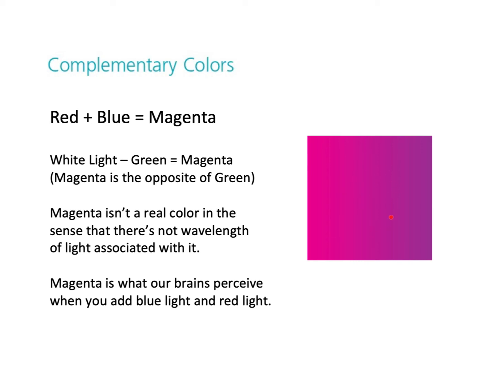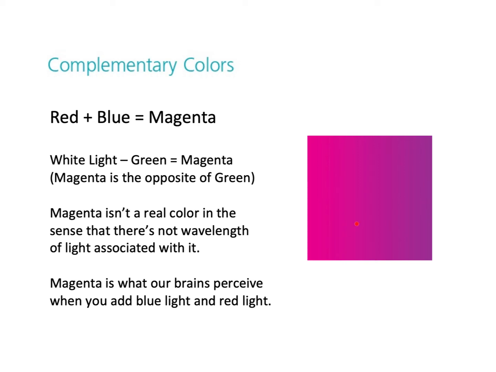What it is, it's almost like a mental trick. It's what our brains perceive when you add blue light together with red light. You add blue light and red light together, you get magenta. Now, if I add different amounts of red and different amounts of blue together, I can get different shades of magenta. And you can kind of see this in the picture. Over here it looks a little bit more pink, and over here it looks a little bit more purple.